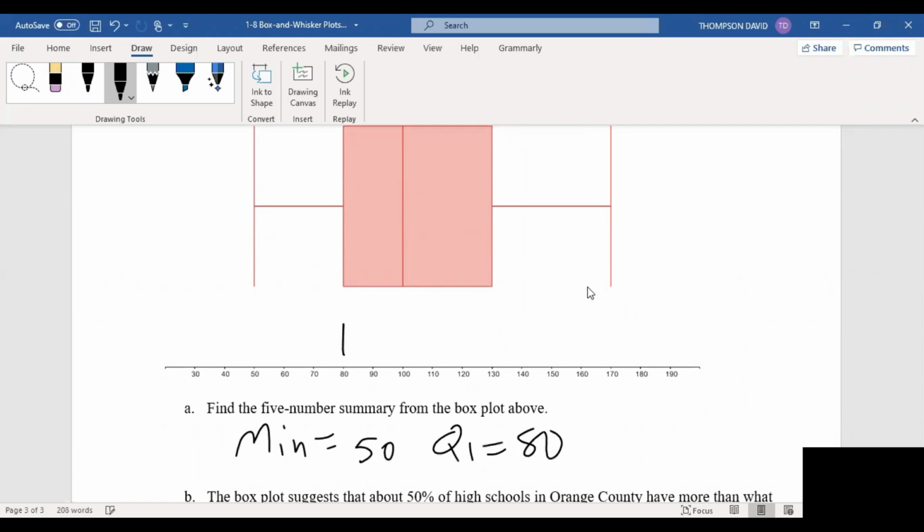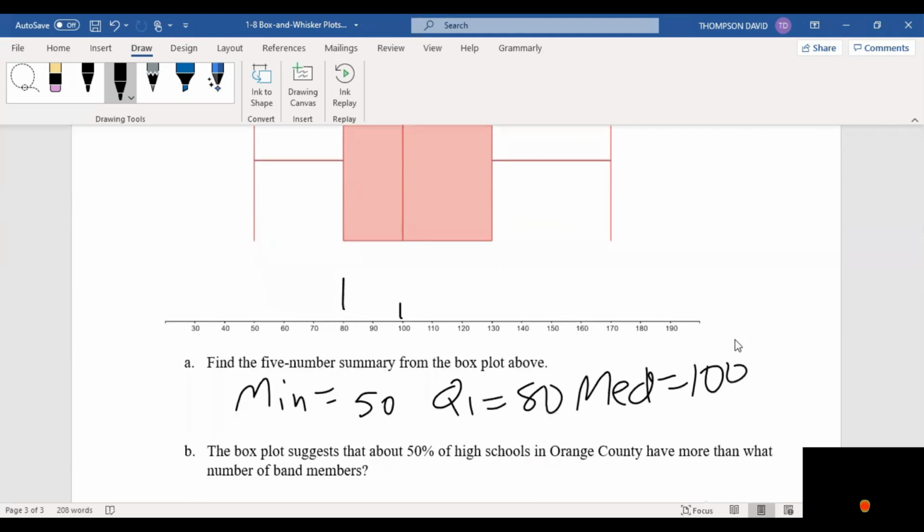You can see our median to be 100. You can see our quartile 3 to be 130. And our max is 170. And we've got our 5-number summary just looking at the box plot.